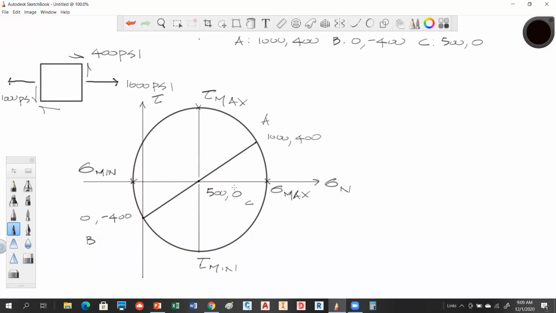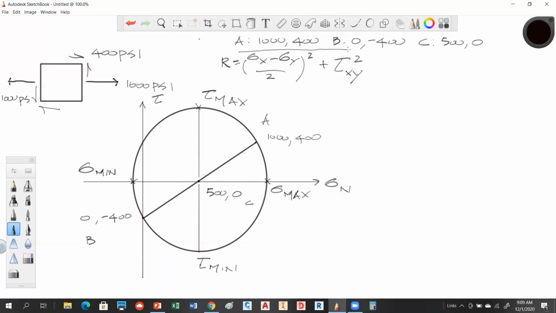Let's see, we didn't solve the radius yet. Okay, so we need to solve the radius. So the radius is equal to the square root of your x value minus your y value divided by 2, squared, plus your tau along the x face in the y direction, squared.